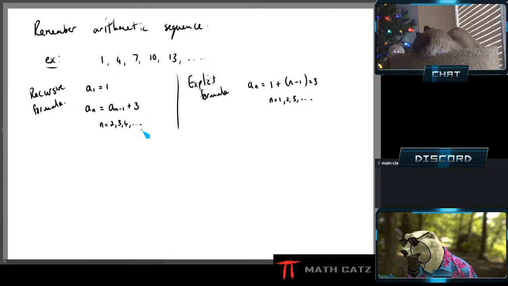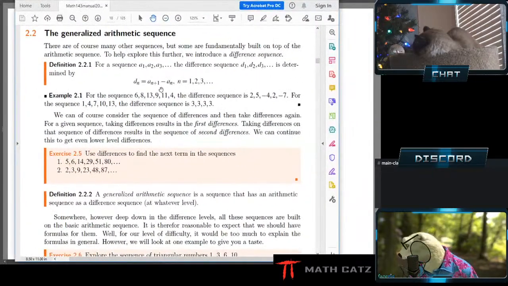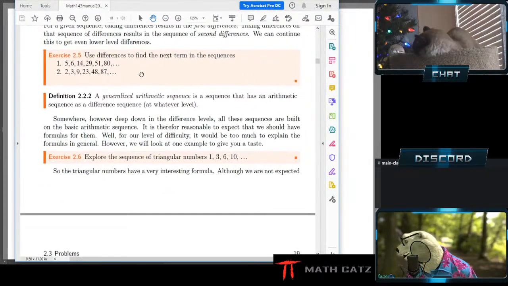Now we've seen it here and there in our initial discussion, but there are sequences that are built on top of this arithmetic pattern, where I add and subtract something from one term to the next. If I look, for example, at our exercise, honestly, let me drag it over to show you here.